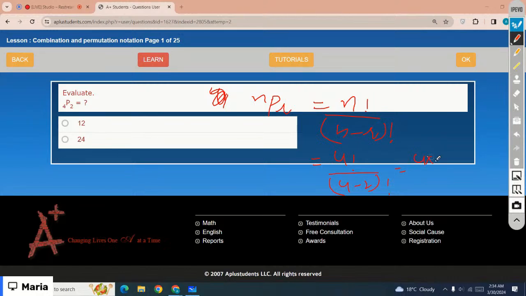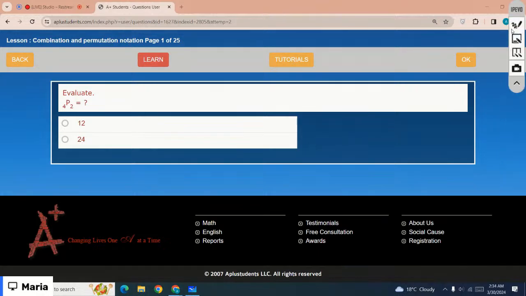So you have to do 4 times 3 times 2 times 1 divided by 2 times 1. So 2 times 1, 2 times 1 cancel out, and 4 times 3 equals 12. So that means 4P2 equals 12, right? The correct option is 12. Option number 1 is the correct option, right?